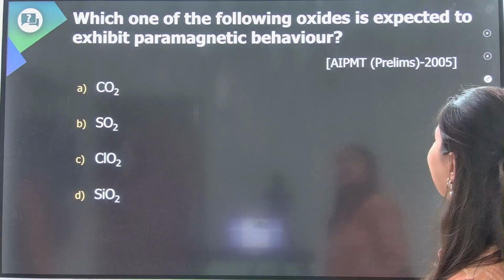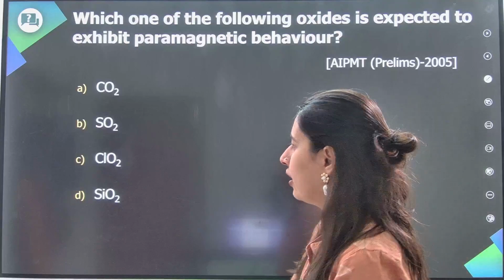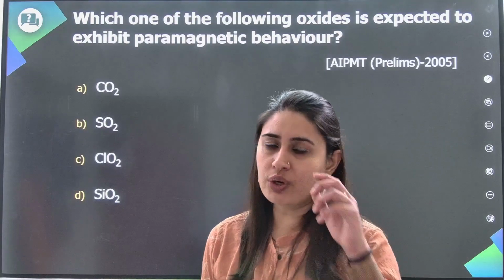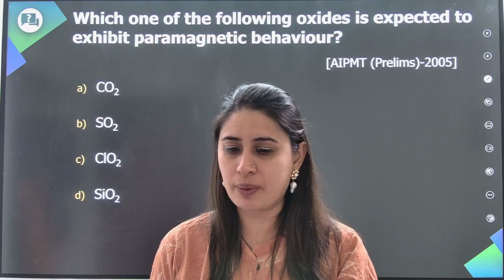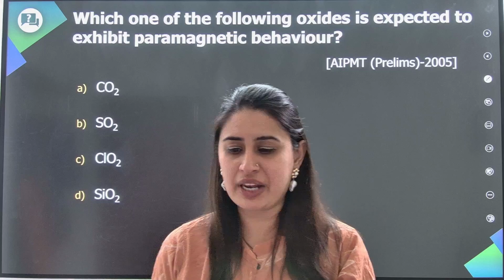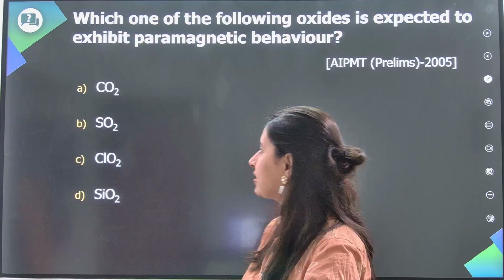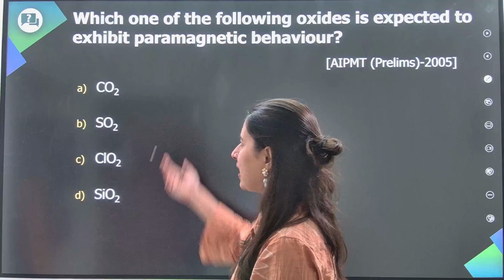Next one, please check this one out as well. Which of the following oxides is expected to exhibit paramagnetic behavior? In such a question, if you directly see an odd electron species, that should be our answer. We don't even need to apply our logic here. Any logic of the number of electrons is also not required. The moment you see an odd electron species, that's going to be our answer.